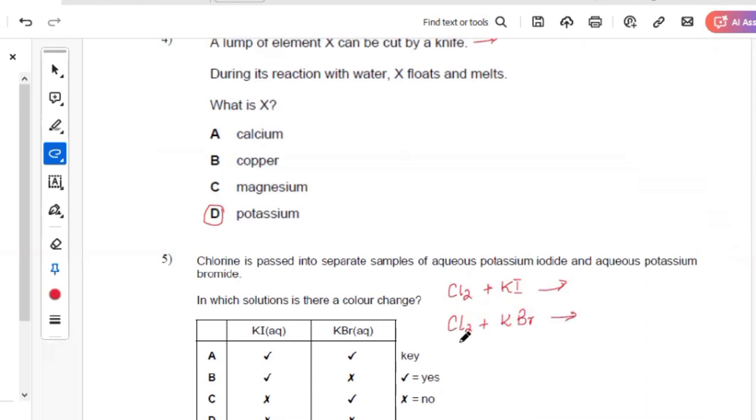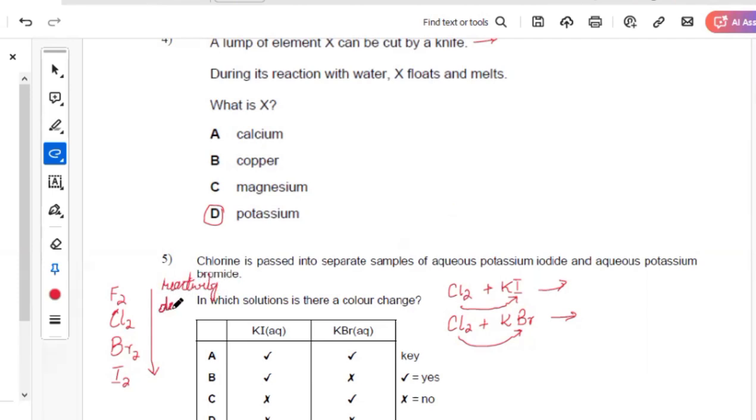The reaction will only take place if chlorine is able to displace bromine or iodine, and for that, chlorine must be more reactive than iodine or bromine. If you see group 7 elements, fluorine, chlorine, bromine, iodine, we have seen that their reactivity decreases down the group.